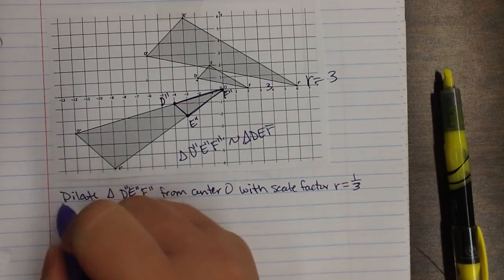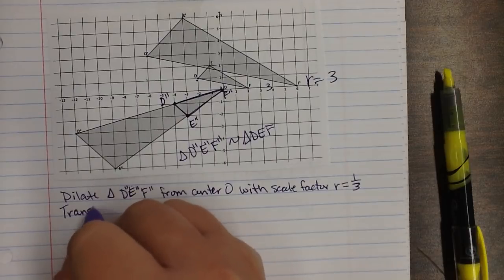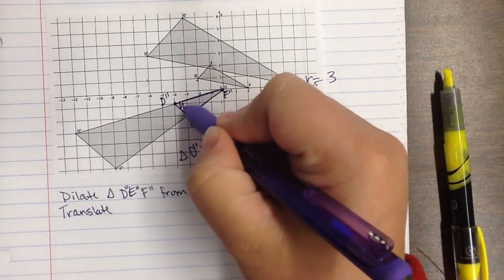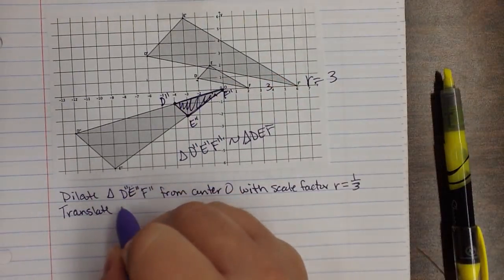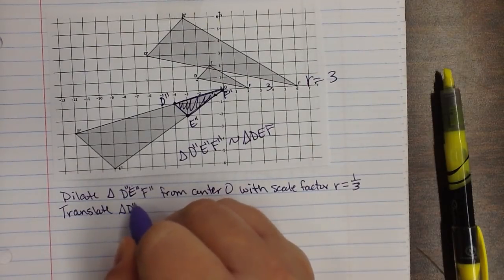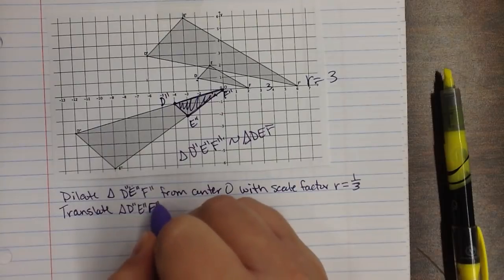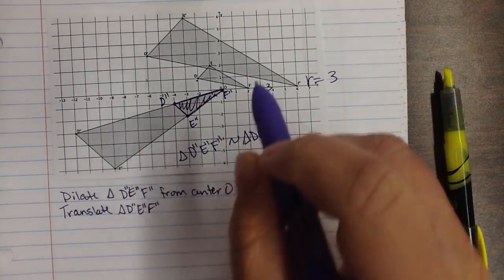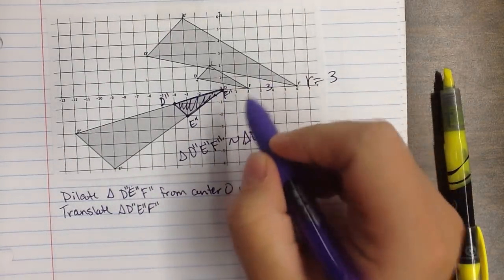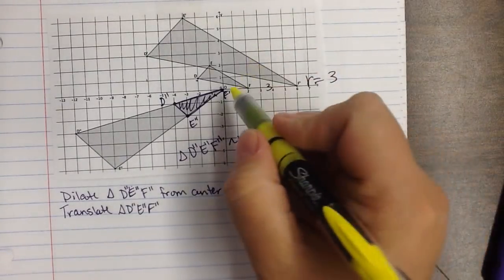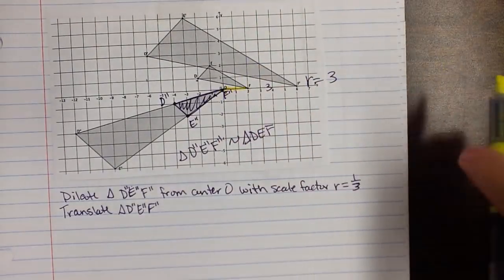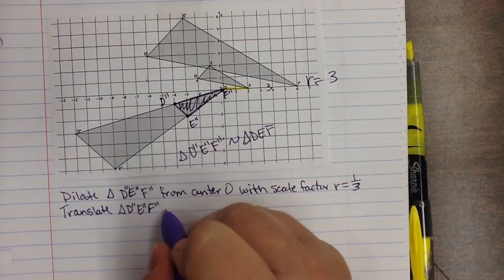So I would then translate this purple triangle, triangle D double prime E double prime F double prime, 2 to the right, right there.